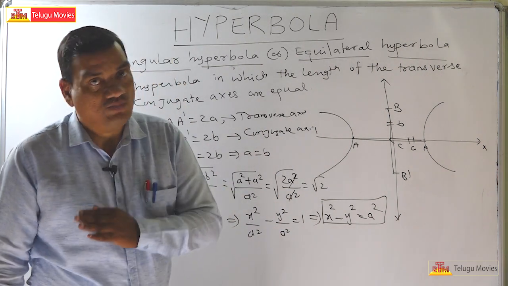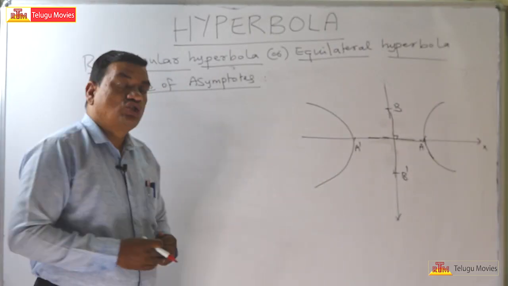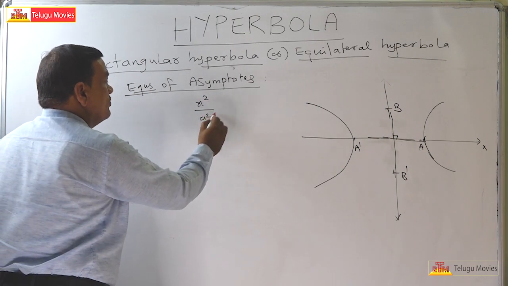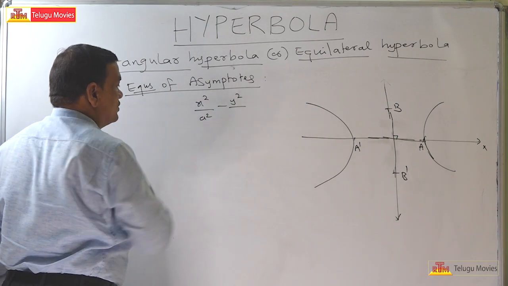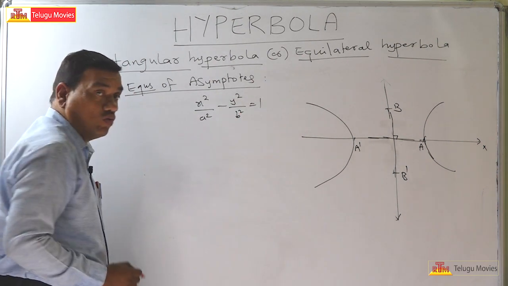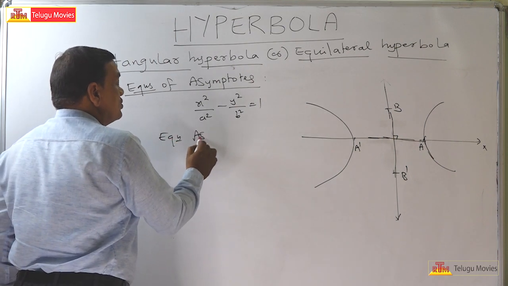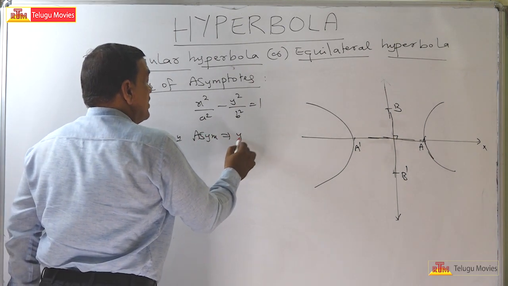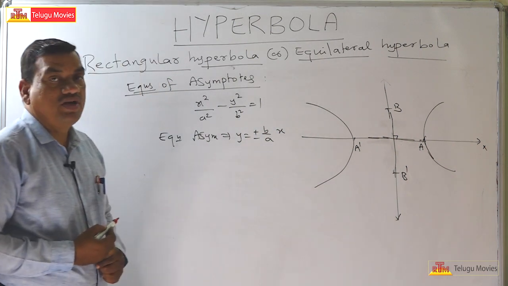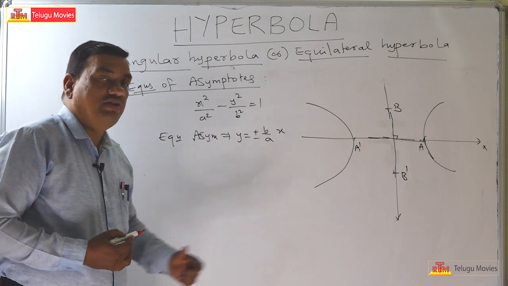Now, if the equation of the hyperbola is of the form x square by a square minus y square by b square is equal to 1, what are the equations of the asymptotes? Asymptotes are given by y is equal to plus or minus b by a x, that we saw in the previous videos.